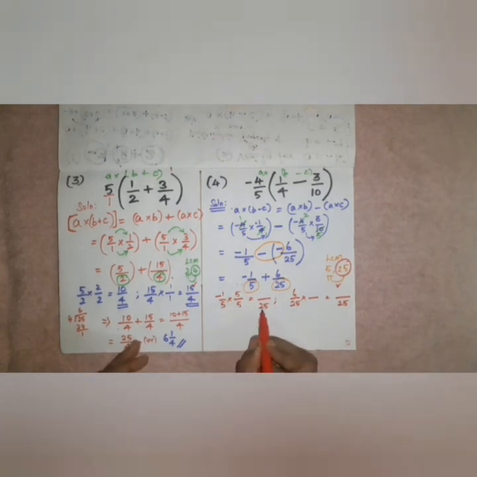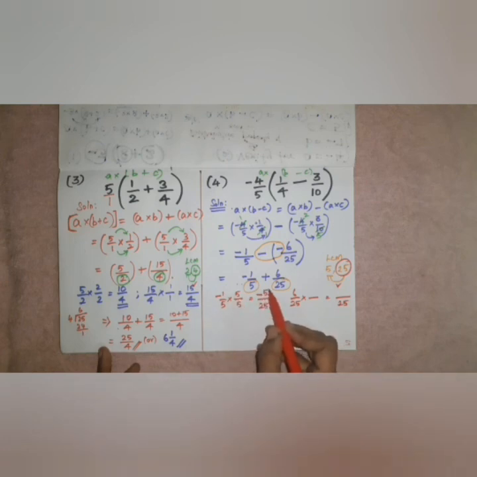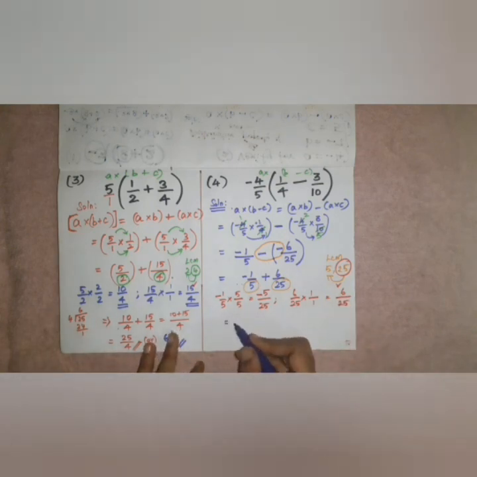The same we multiply with the numerator, because we are trying to write an equivalent rational number for minus 1 by 5 having the denominator 25. Minus into plus is minus, 1 into 5 is 5. So let's do the simplification. It is minus 5 by 25 plus 6 by 25.